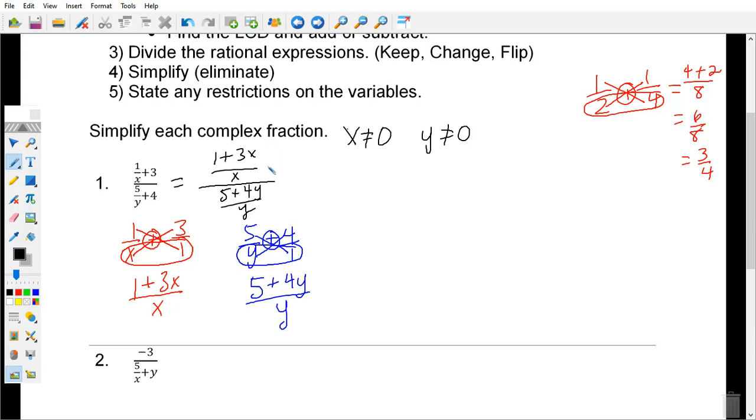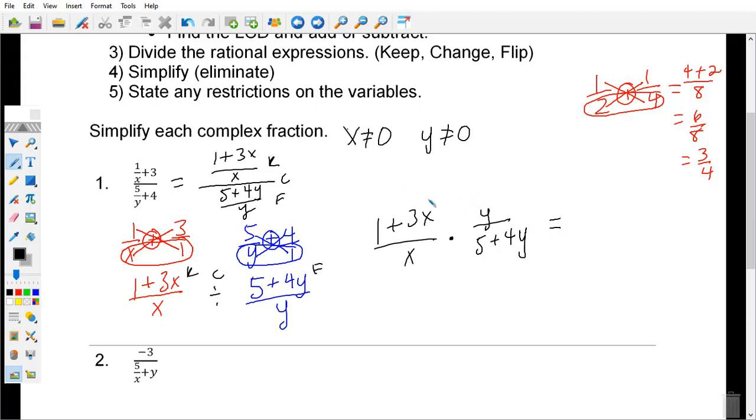And now this is where you keep, change, and flip. But once you already have it separated, I like to remember keep, change, flip from here, because this is saying this divided by that, right? So we're going to keep, change, and flip. So we have 1 plus 3x over x times y over 5 plus 4y. And when you multiply, you just multiply straight across, right?